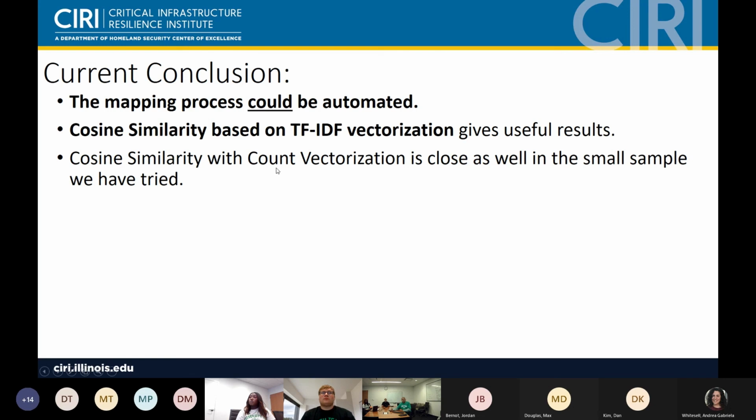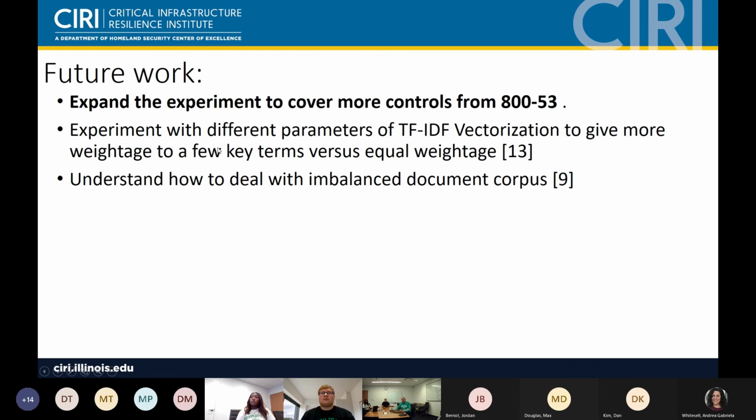So we believe that, for some reason which we are not really sure about, count vectorization in our sample seems to be close most of the time to TF-IDF. But I would like to mention in our future work what we should do next in this case. We should definitely expand this to cover more controls than the few that we have tried.